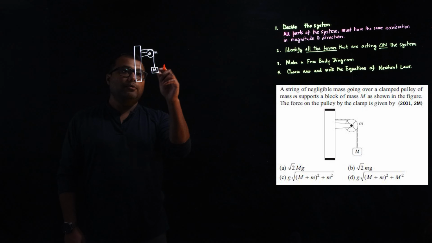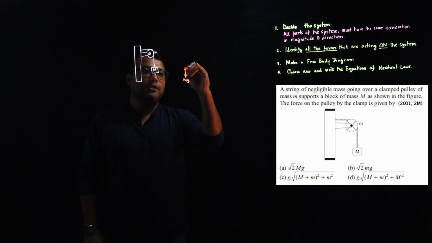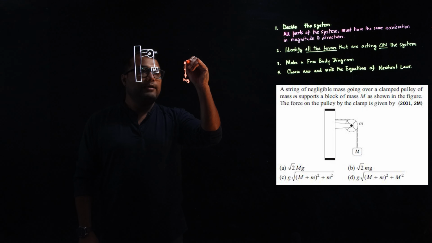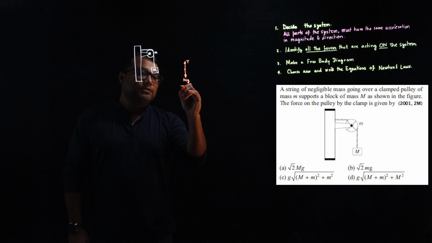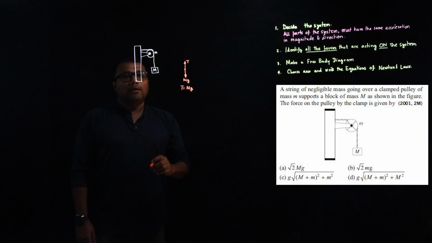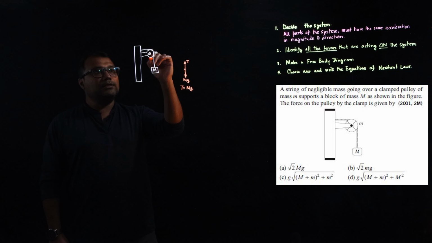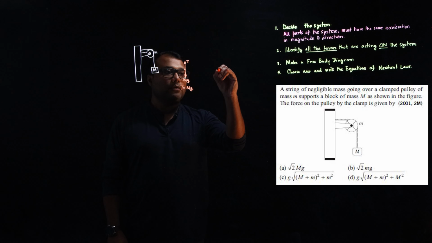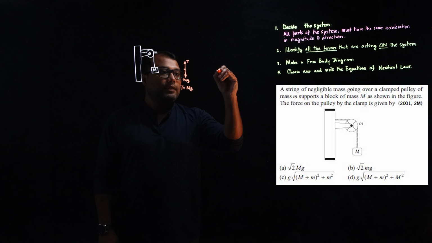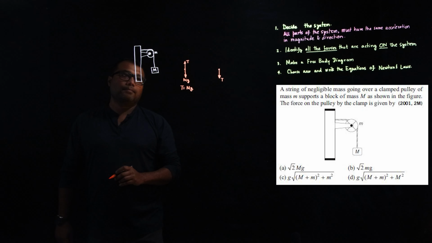So if I draw the free body diagram of this big M, it is pretty simple. There is the pull due to gravity and there is tension in the string, and this tension equals Mg. Now if I draw the free body diagram of this pulley, it is being pulled by the same tension in the downward direction.